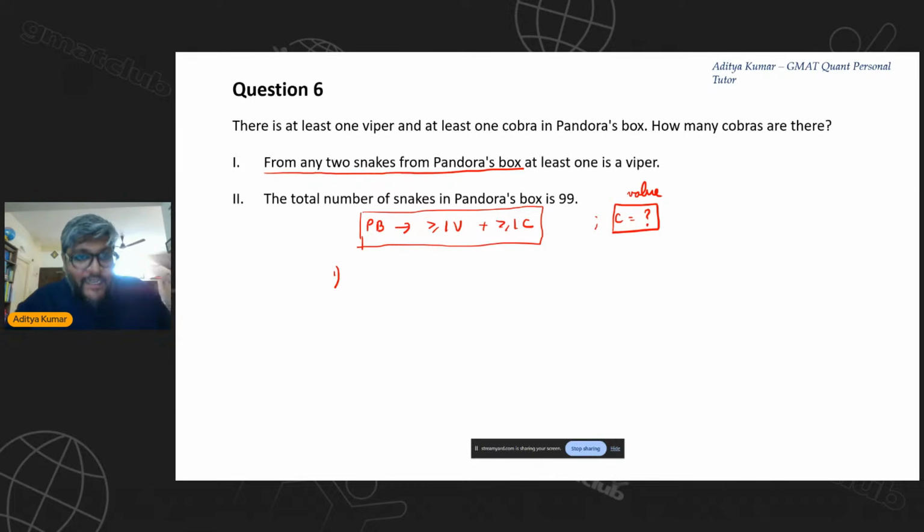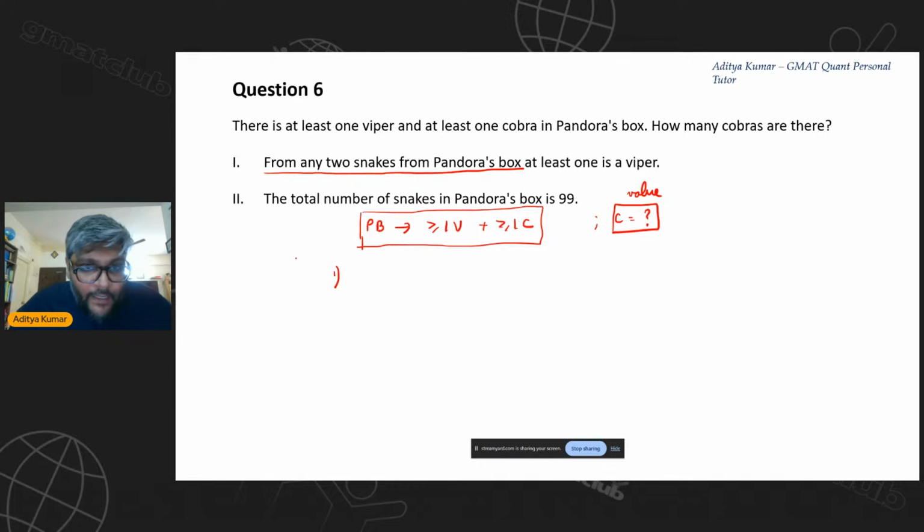So let's try to understand that meaning, right? If I put my hand in the box and I pick up two snakes, I will always have minimum one viper. At least one viper means I can have one viper, two vipers, three vipers, and so on. But if I put my hand inside the box and I pick up two snakes, I will always have at least one viper.